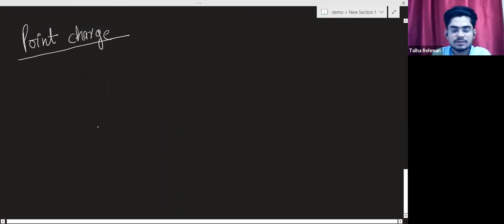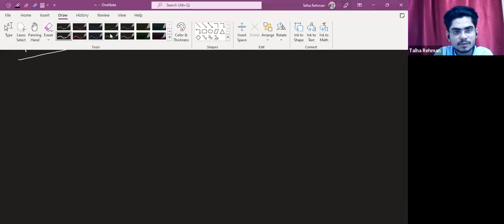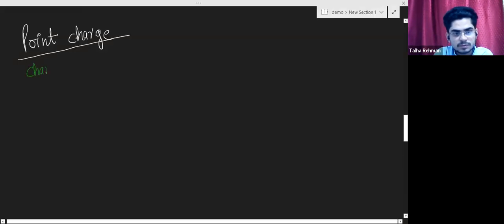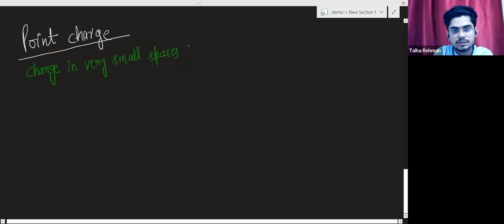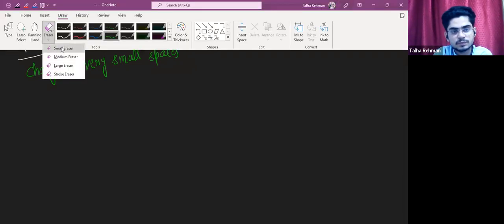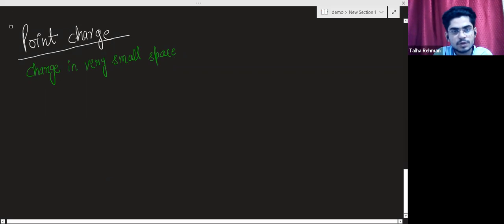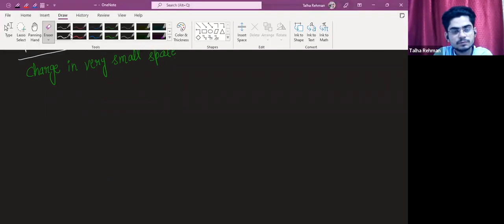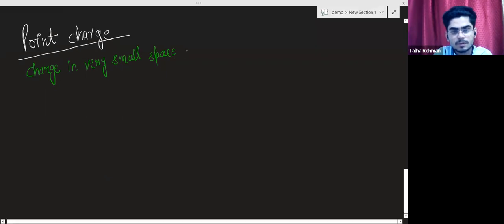But we can say a charge in a very small space, small space as compared to the distances. So let's see what it means.